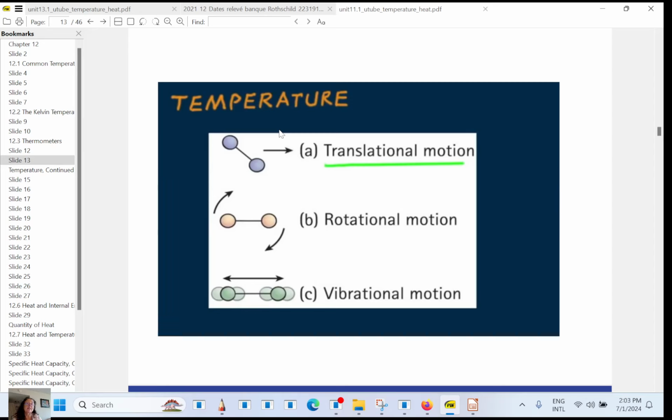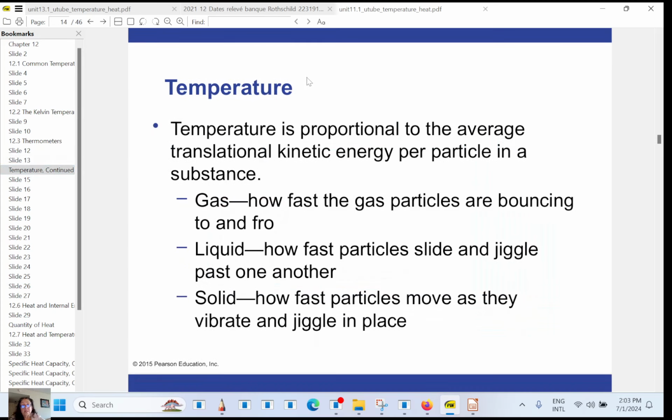And the translational kinetic energy is going to increase as well. So at a microscopic level, the temperature is proportional to the average translational kinetic energy per molecule, or per particle.